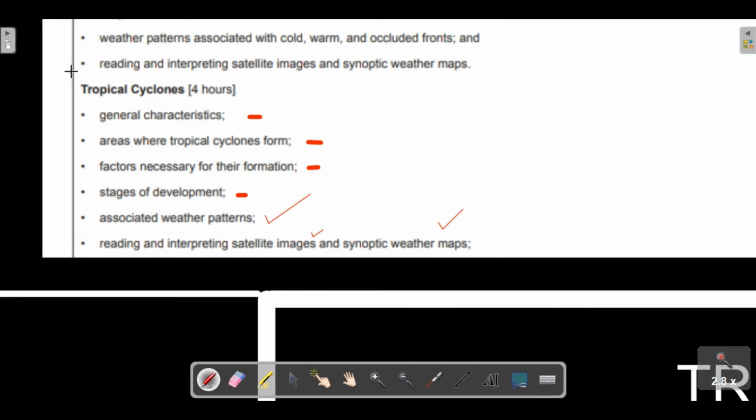Lastly, we'll discuss the impact these tropical cyclones have on the environment, on humans, on the economy, and strategies to minimize that impact. Let's dive into the video.